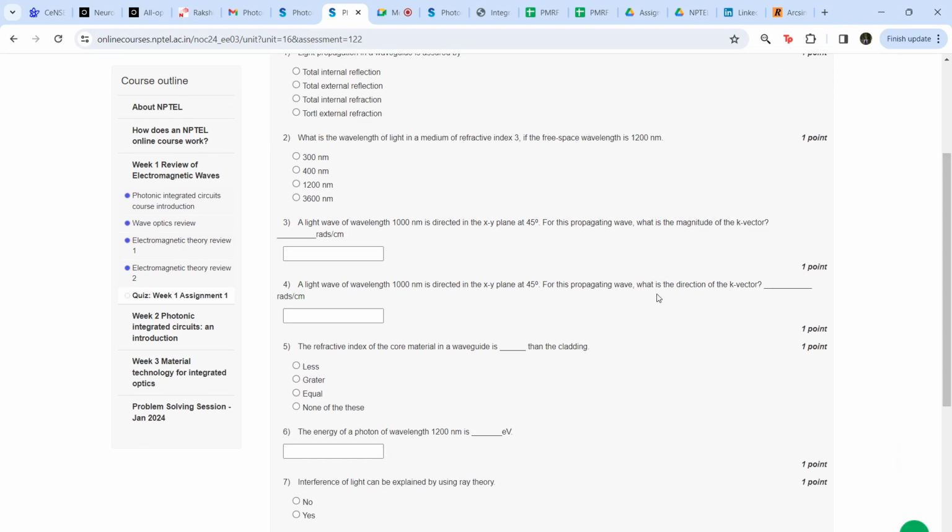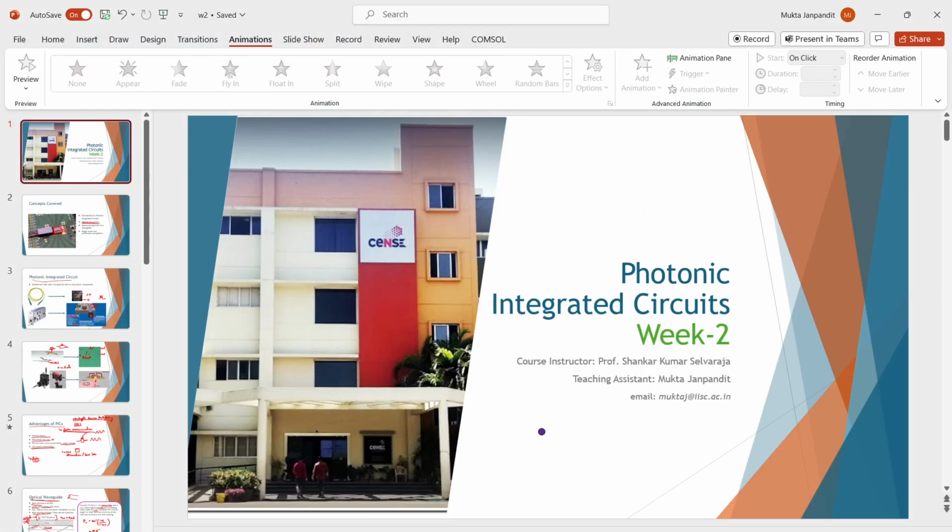So what is the direction of the k vector? For now, you can write the k vector as some number times i cap plus some number times j cap. It turns out this number will be the same because it is 45-degree.